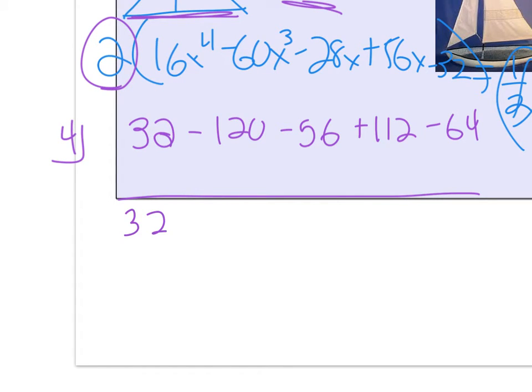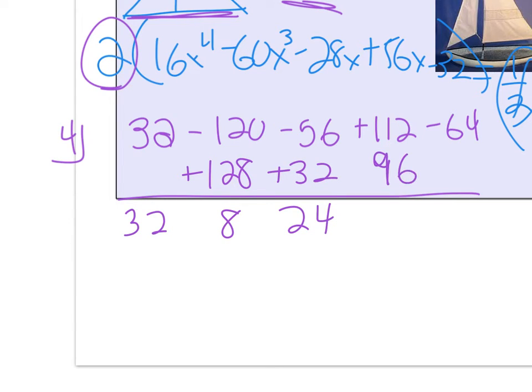So 32 times 4 is going to be 128. So when I add that, I get 8. 8 times 4 is 32. Add that, you're going to get 24. 24 times 4 is going to be 96. Sorry, negative 96. So that's going to be 16. 16 times 4 is 64.